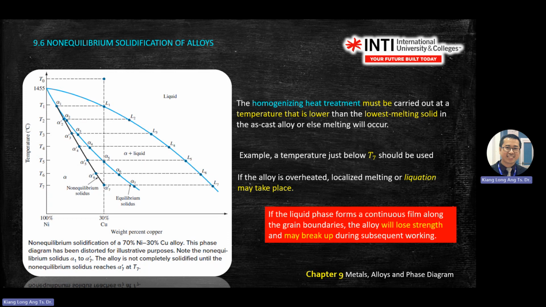What do I mean? Okay, so the blue line is a normal operation. So on the blue line, if you want to get 30% copper, what is the temperature at which you start seeing melting? It is T5. Right?